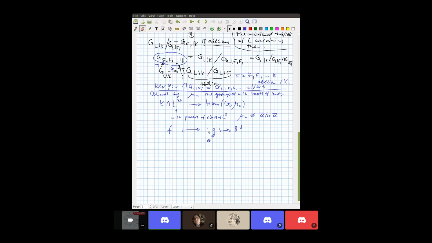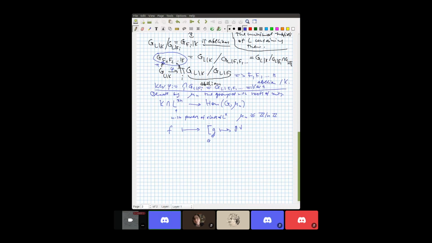This is just a bracket. Because it's a map, you see we have to write down a homomorphism which sends each element of the group to some root of unity.